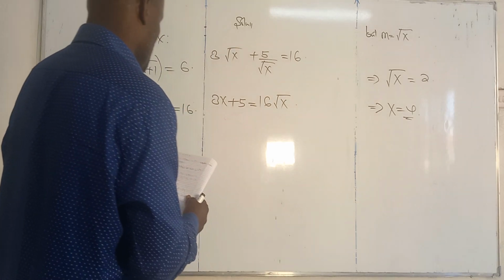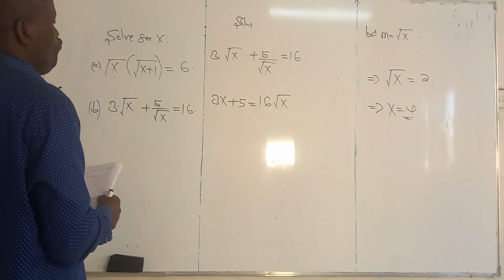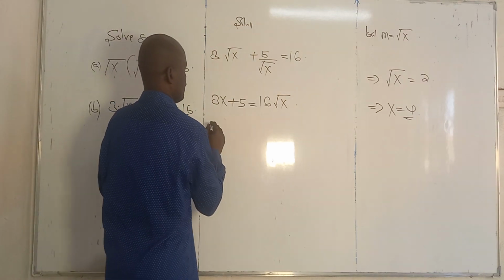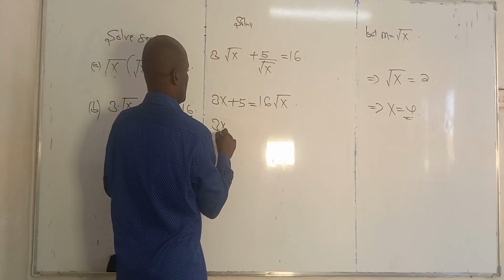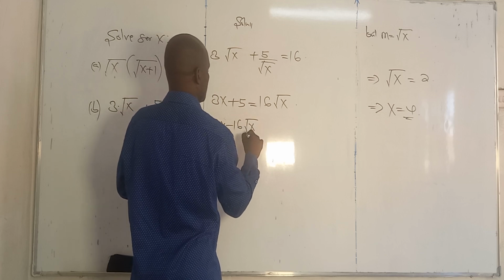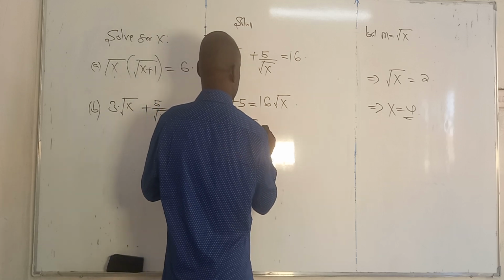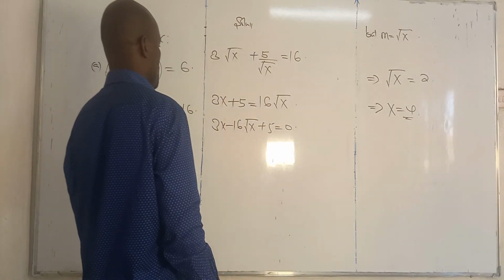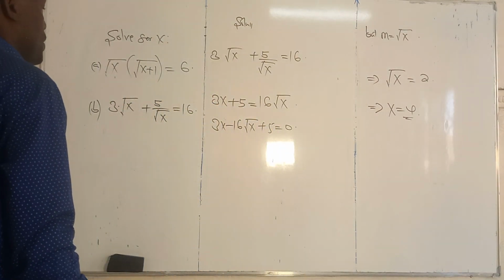That is the first expression that I get. This means that I have 3x minus 16 root x plus 5 is equal to 0.